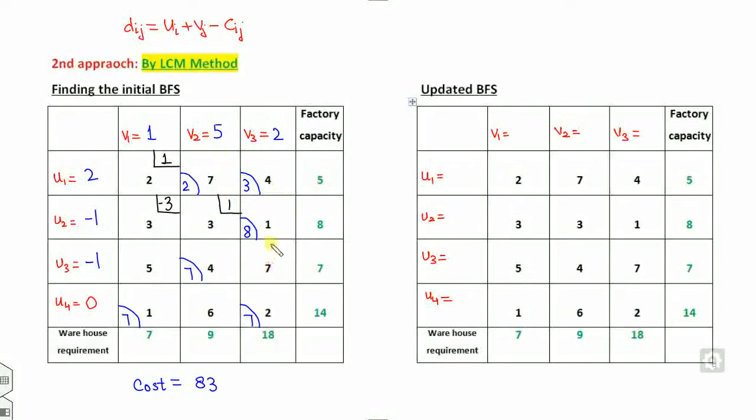This is minus 1 plus 2 plus 1 minus 5, minus 7, that is minus 6. Look at this value, 0, this is minus 5. Look at this value: 0 plus 5, this is minus 1. Now check whether all are negative. No, there is a positive value. So this is my entering variable, assign it as epsilon.